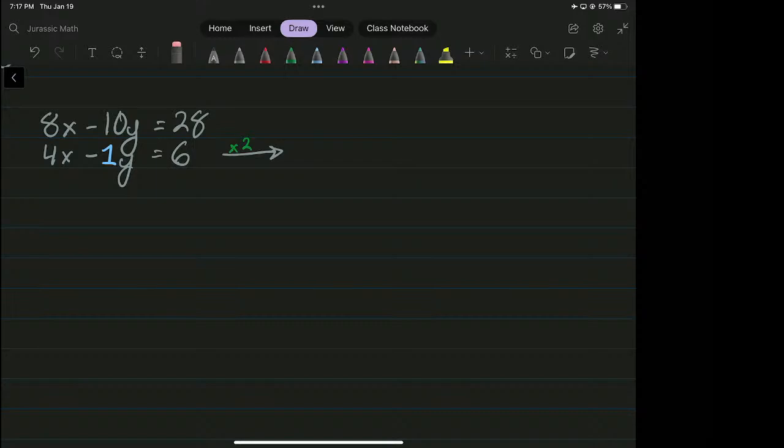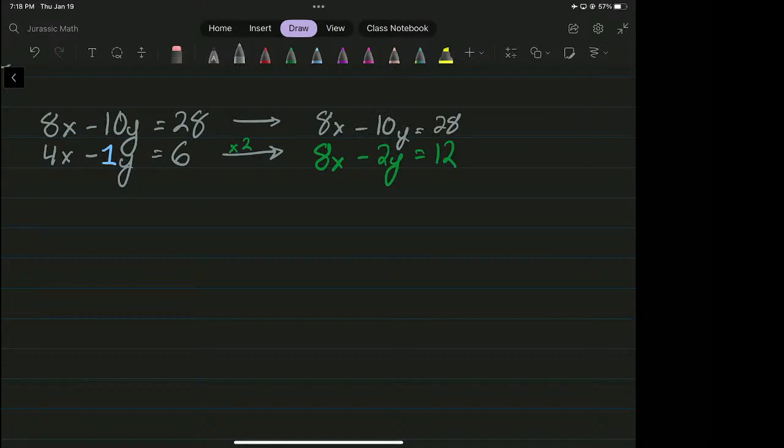So 4x times 2 is 8x. Negative 1 times 2 is negative 2y equals 6 times 2, 12. The top equation just comes on over. 8x minus 10y equals 28.